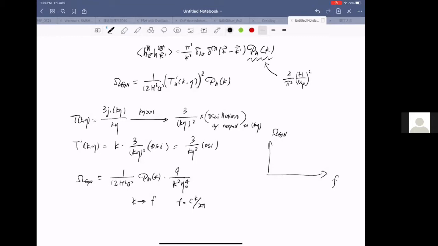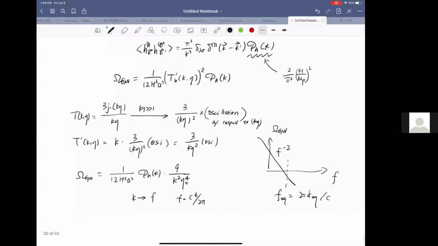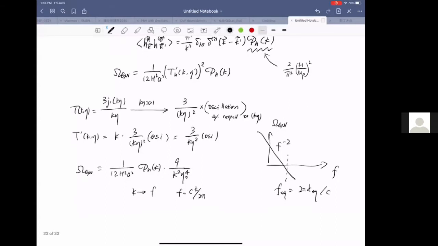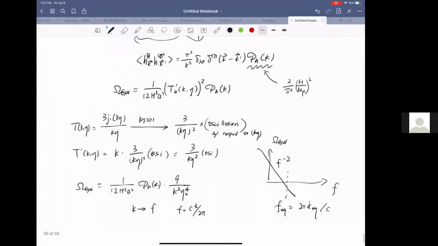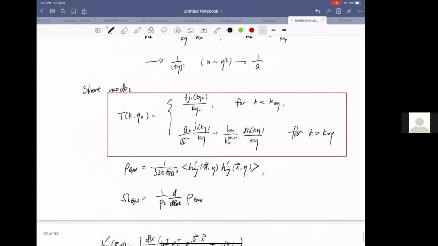See, it goes like this until some frequency, where it is determined by the wave number which re-enters the horizon at the matter-radiation equality. Then it will be the second line of this transfer function in here.